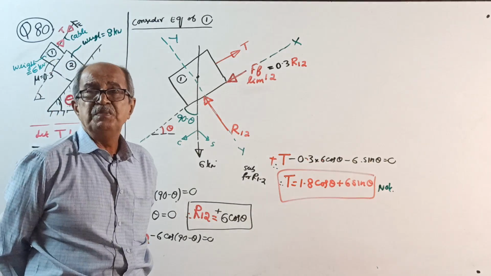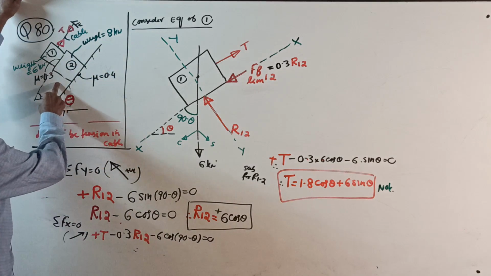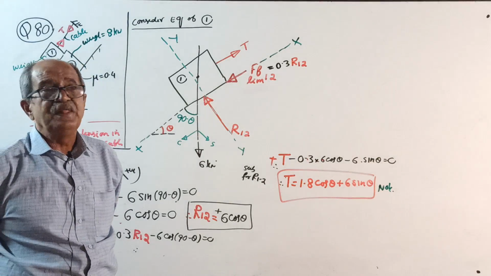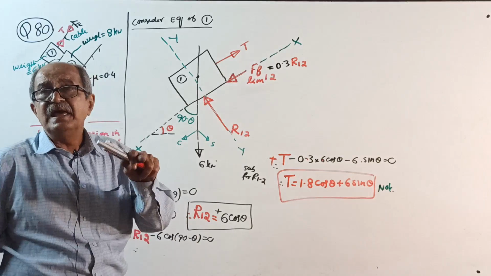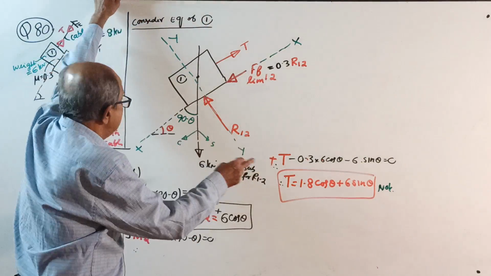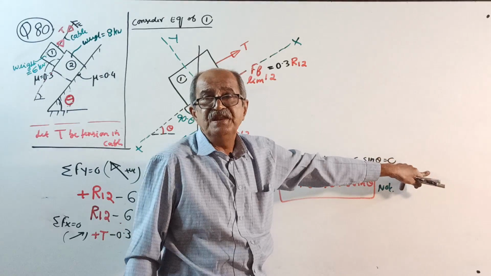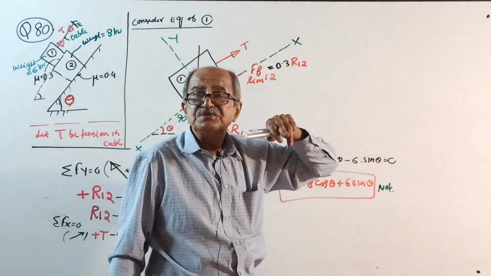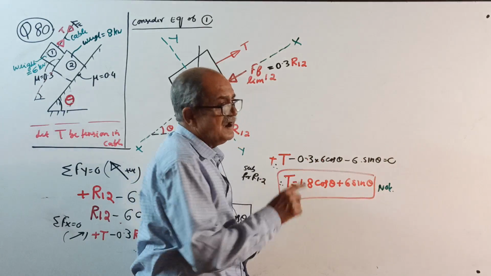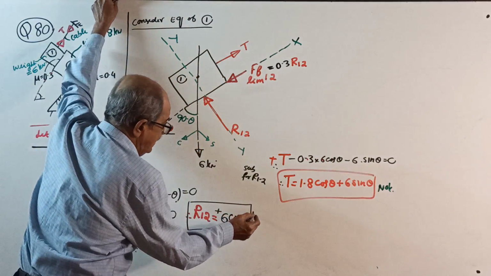By chance in the question paper they ask you, find the least value of P, find at what angle theta it is on the verge of sliding, and at that time what is the tension in the cable. Once you finish block 2 and get theta, you substitute that theta here and get the value of T. Make a note. For the time being, you want only R12.